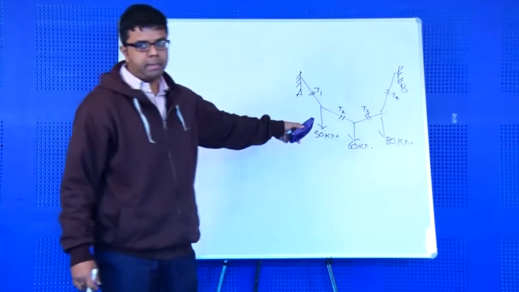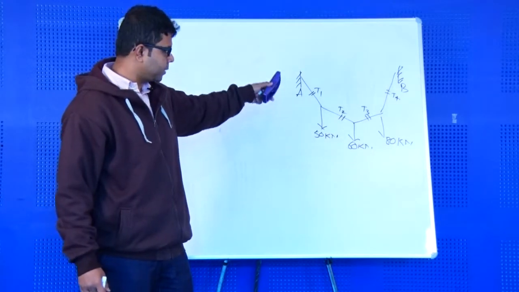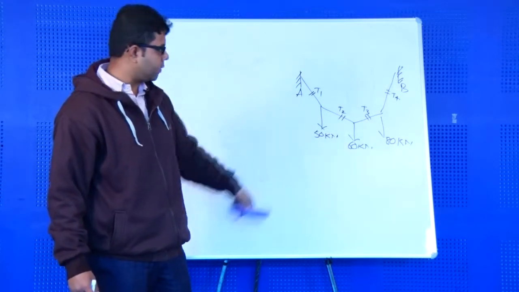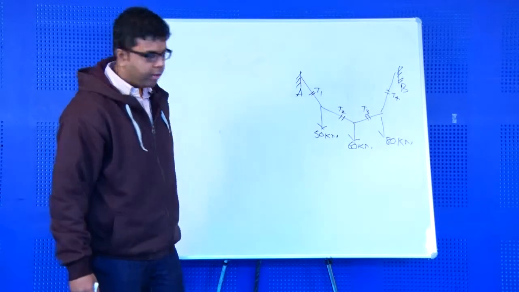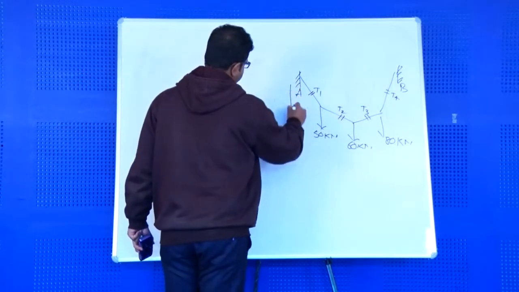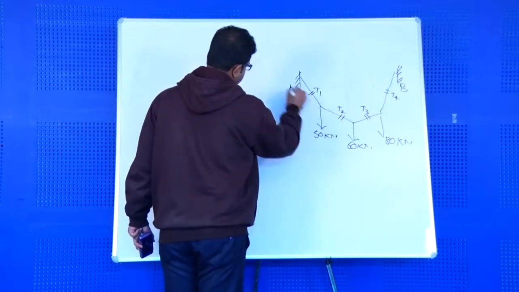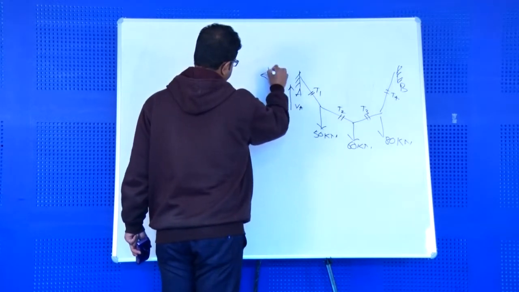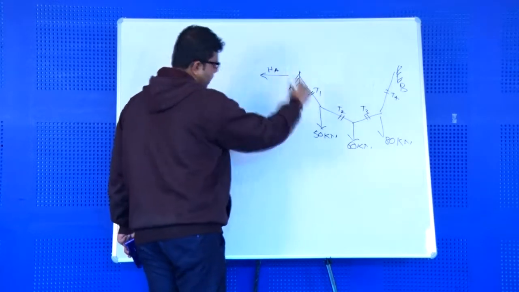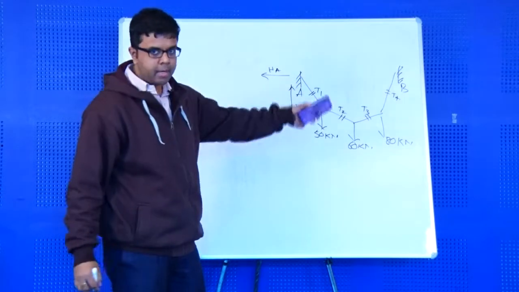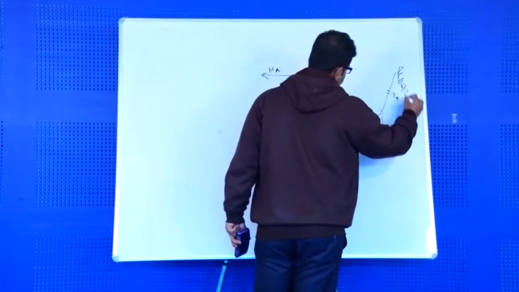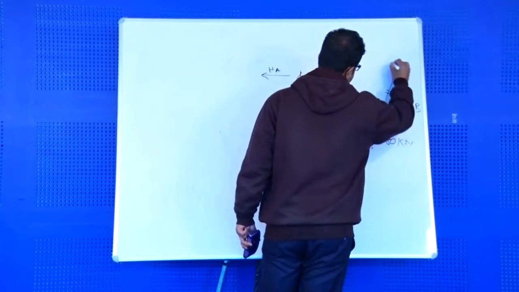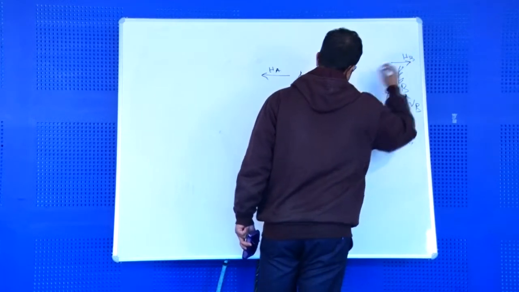The most important parameter is to find the tension in each and every segment of the cable. Then we found the support reactions, the vertical and horizontal reactions at A, VA and HA. Similarly we found VB and HB.